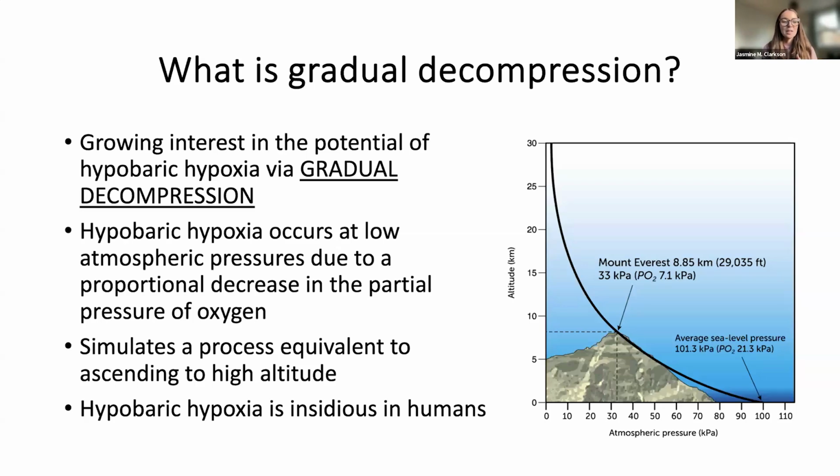And the reason it's become particularly attractive is because in humans, so for flight crew, they often have training to simulate this hypoxic state. They report that they don't know they're becoming dangerously hypoxic before they ultimately transition into unconsciousness. And if they don't obviously get supplementary oxygen, they would die.